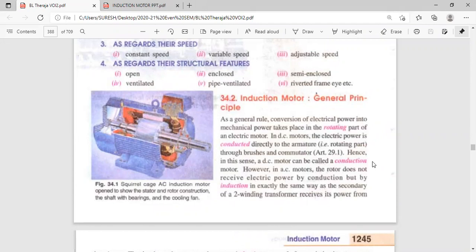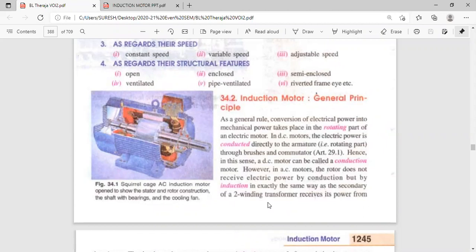What are the windings? There are two windings. One is stator winding, that is field coil. Stator winding means field coil. Another one is the armature winding, which is rotating.